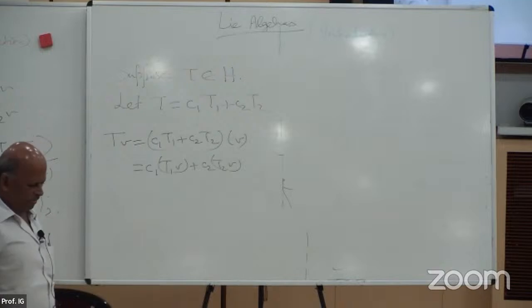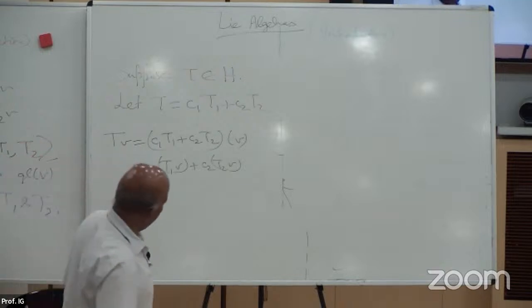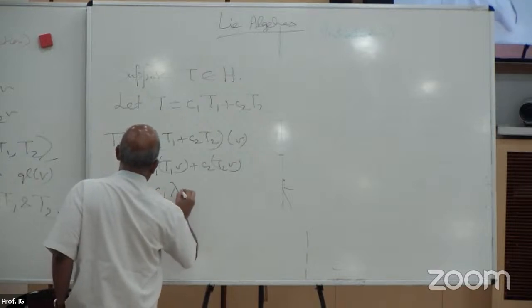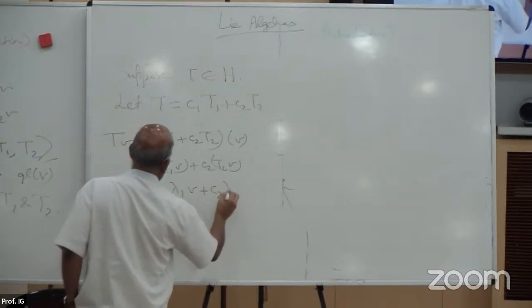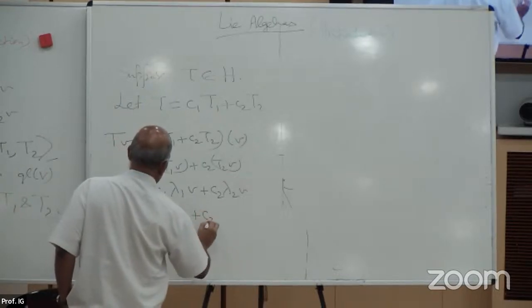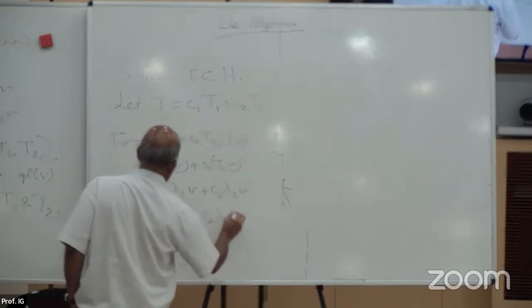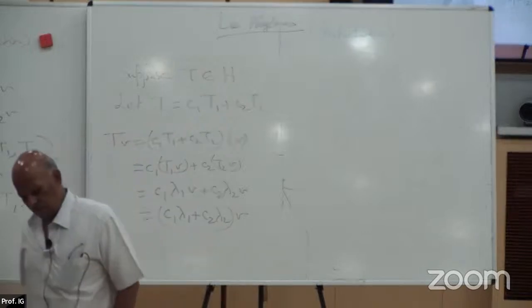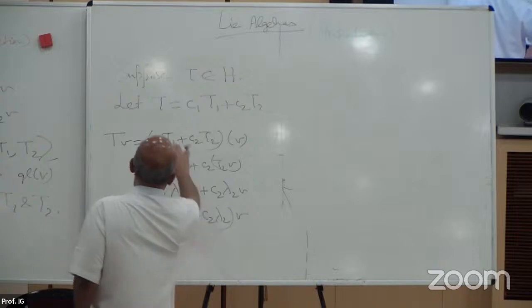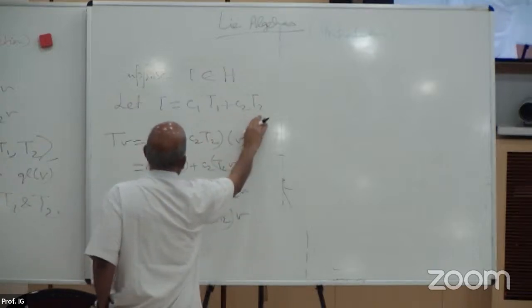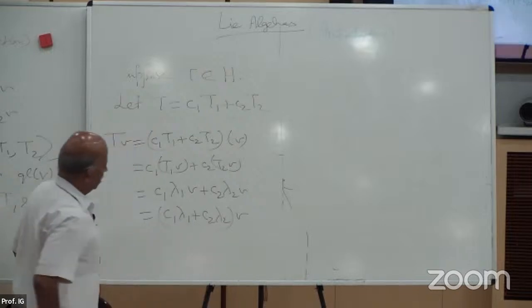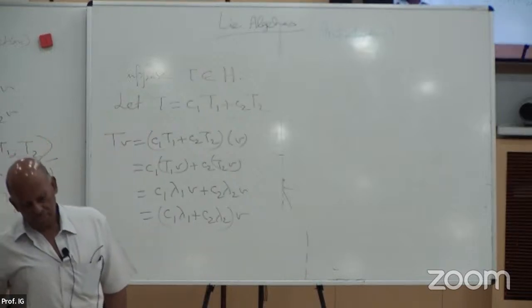This is by definition C1 T1V plus C2 T2V. T1V is lambda 1 V. This is lambda 2 V. So what we get is C1 lambda 1 plus C2 lambda 2. So T is C1 T1 plus C2 T2, and TV happens to be C1 lambda 1 plus C2 lambda 2.